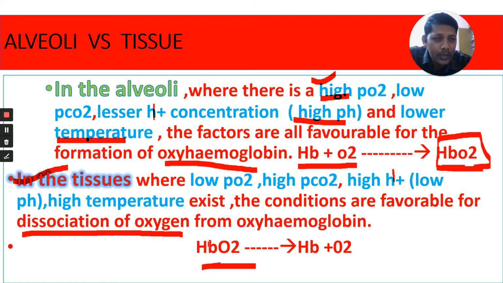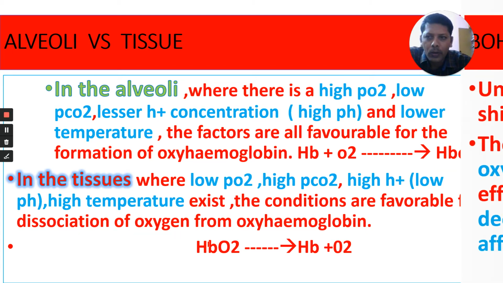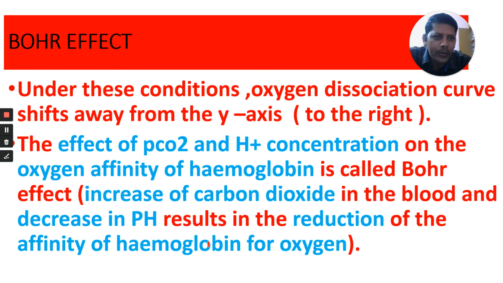What are those conditions affecting this divorce? One is high PCO2 and high temperature. In these conditions, these two cannot exist together; they have taken a divorce. In that way, you can understand easily.